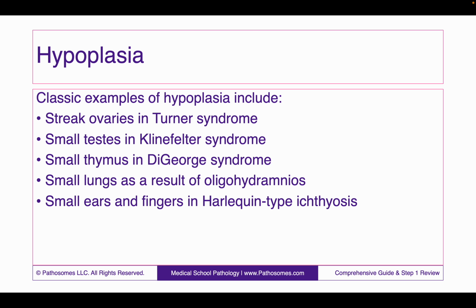You got to know that. Small thymus in DiGeorge syndrome. Guess what? You got to know that. Small lungs as a result of oligohydramnios. You gotta know that. Small ears and fingers in harlequin type ichthyosis. You might not see that, but if you know that, A+ to you.